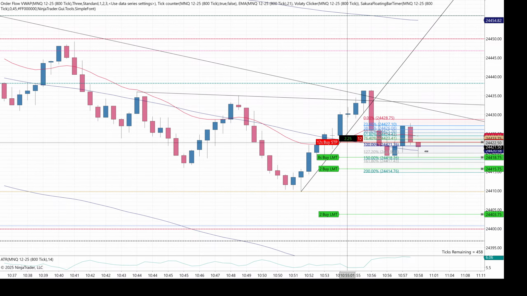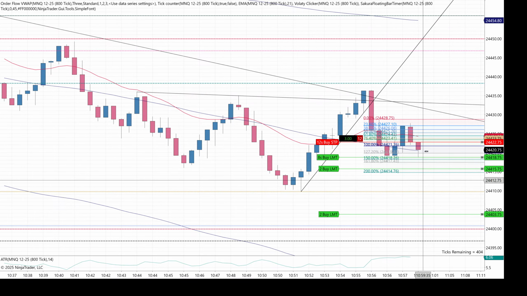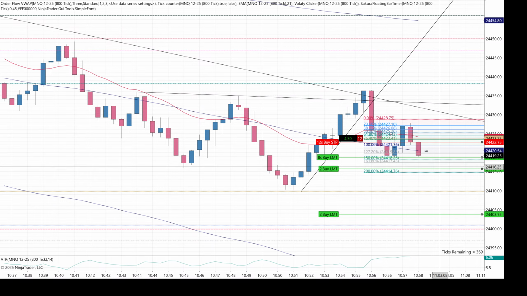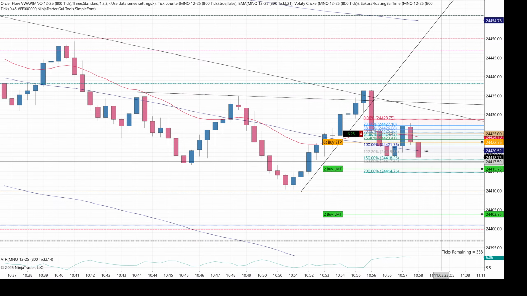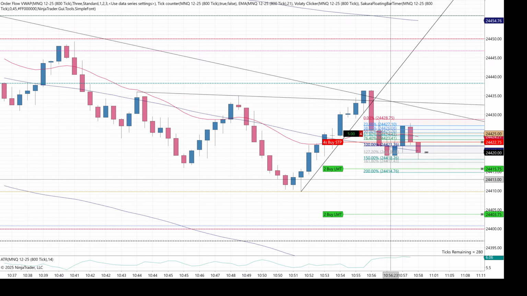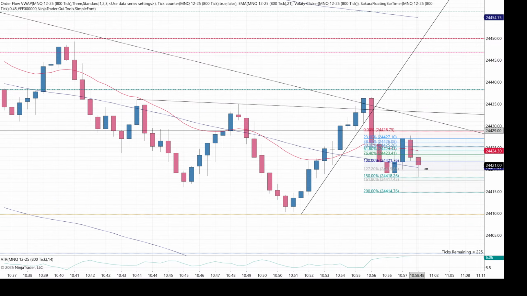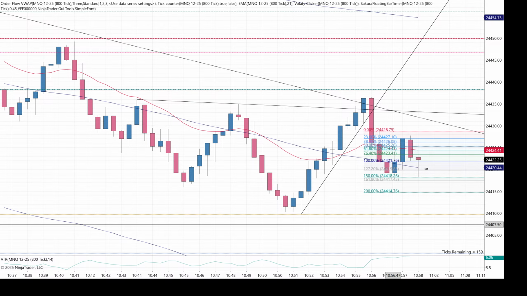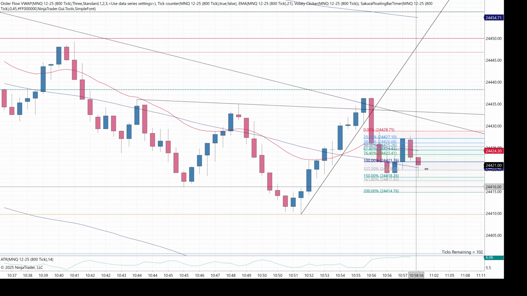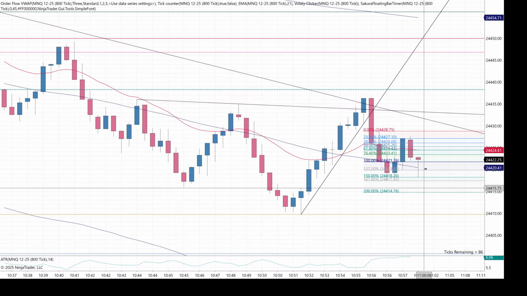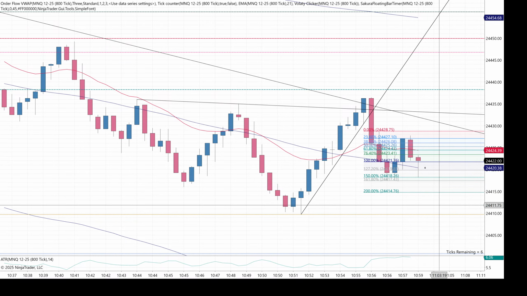Moving it to break even. Come on, there we go. All right, my runners are out. This was not exactly the easiest of trades. I don't know if I would get back in though. But hey, a win is a win.